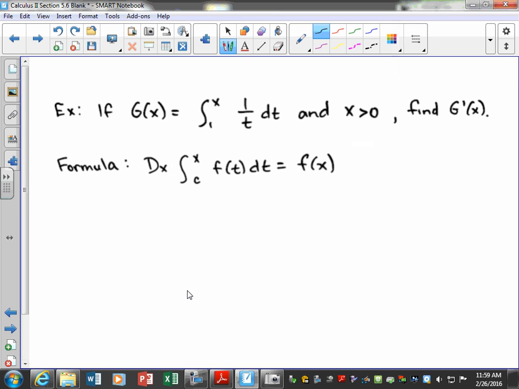And then also we see this: if capital G of x is defined by this, then we can find the derivative of that, which would basically just give us back our original f of x. So the derivative of an integral is equal to a function. It's just a restatement of this particular theorem.